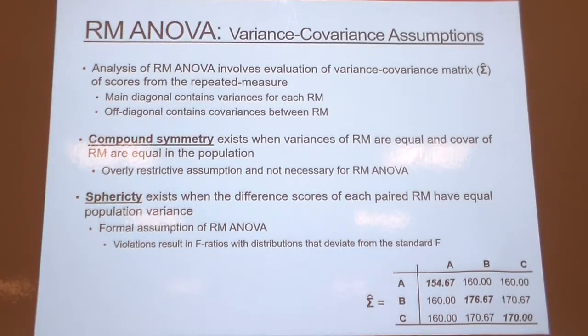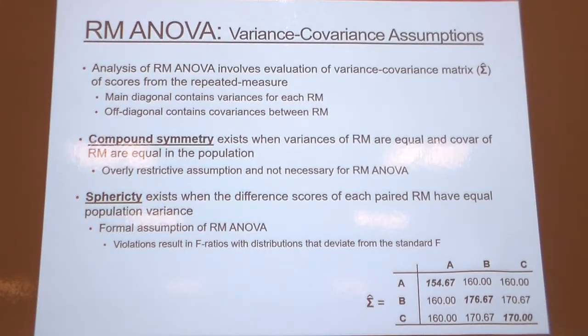Equals D1 is D2 is D3, right? Compound symmetry would say if we took the variance in each one of these different scores for everybody.